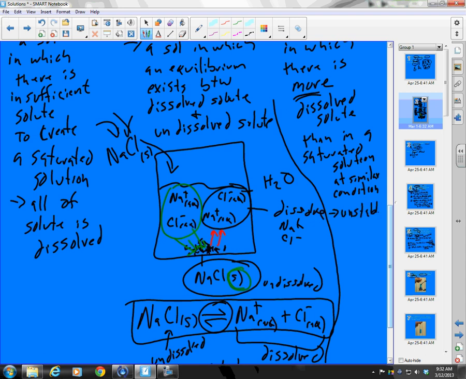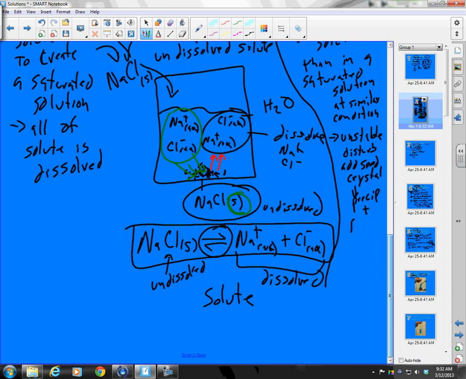If I shake them, or if I add a seed crystal, they will precipitate and form a saturated solution.